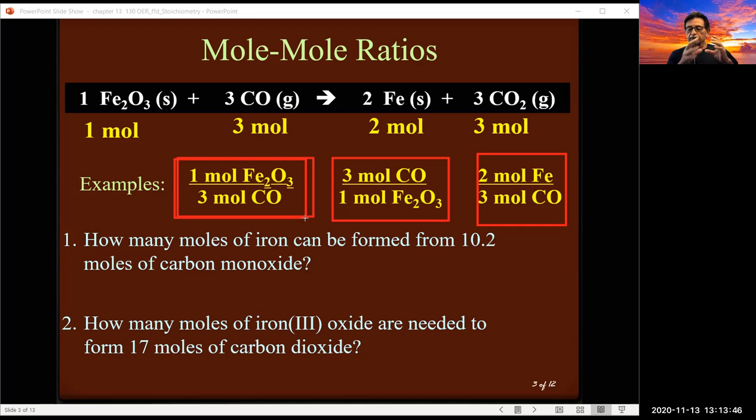And we set up our conversion factors so that we can follow the units and make sure that the units cancel out when we do the mathematics, okay? Now we have here, let me point this out.